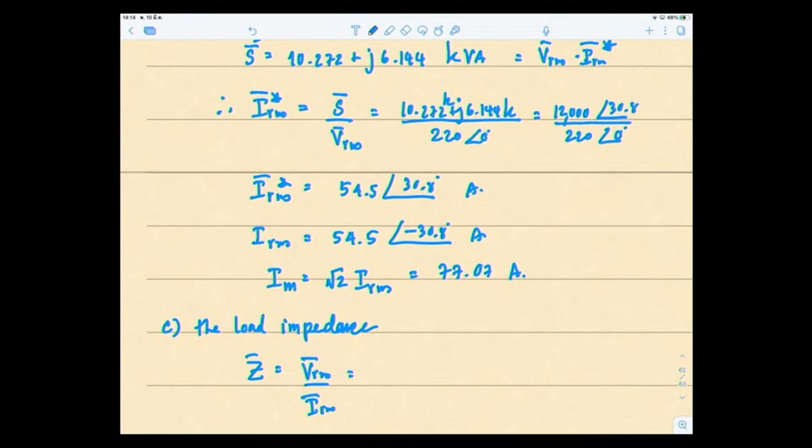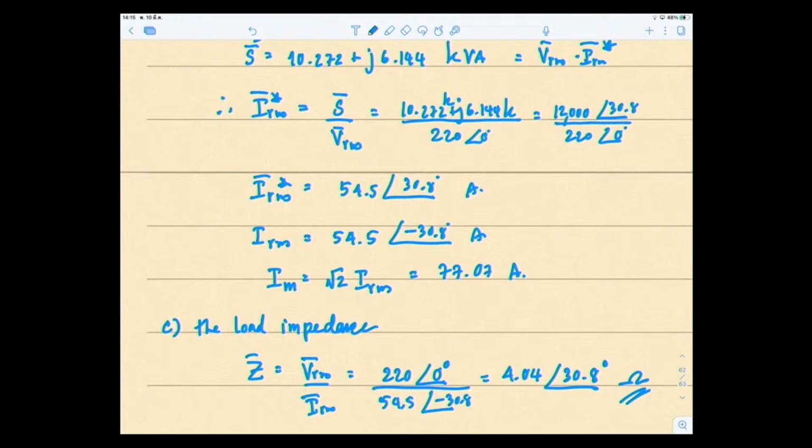So equal to 220 angle 0 degrees divided by 54.5 angle minus 30.8, so equal to 4.04 angle positive 30.8 degrees ohms. And the angle is positive, so therefore it's an inductive load.